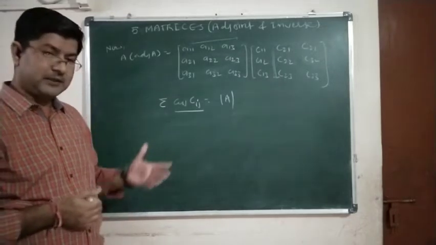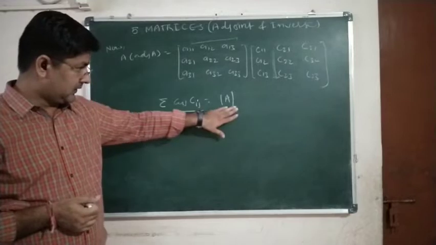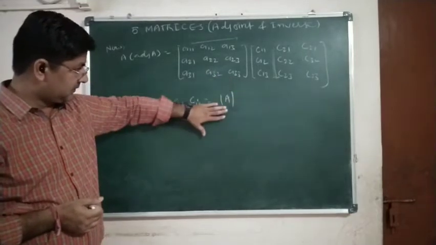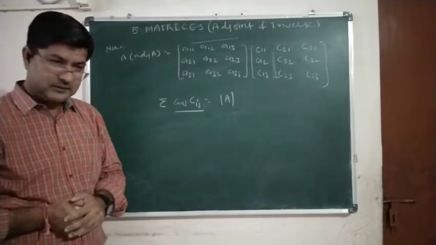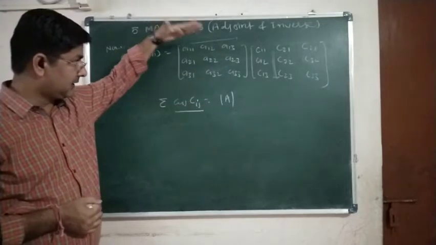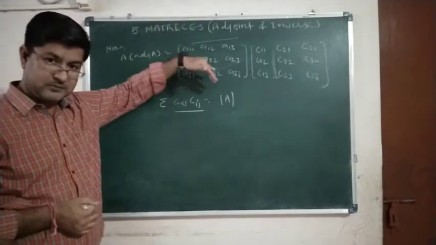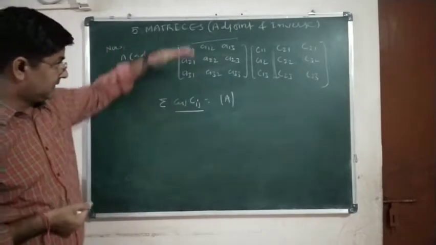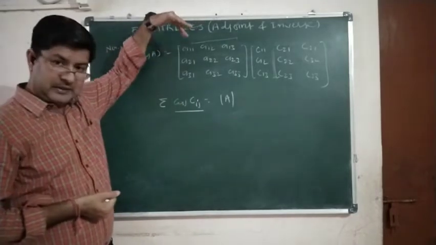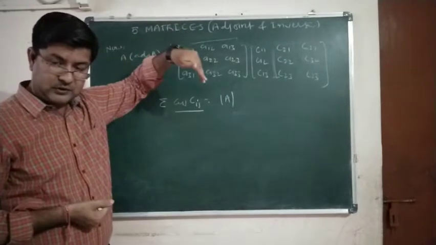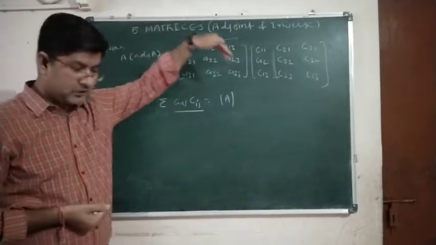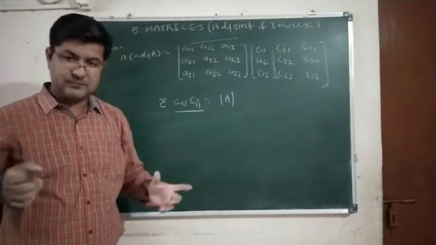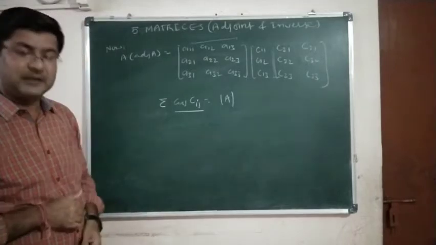So in the multiplication operation, we have seen this property in the chapter on determinants: when the elements of any one row or column are multiplied with the corresponding cofactors and the terms are added, we get the determinant value.